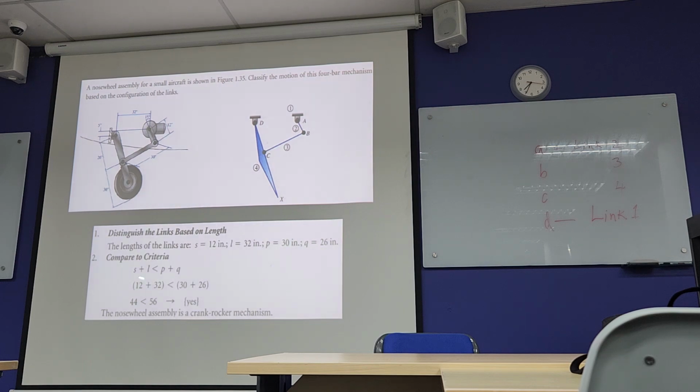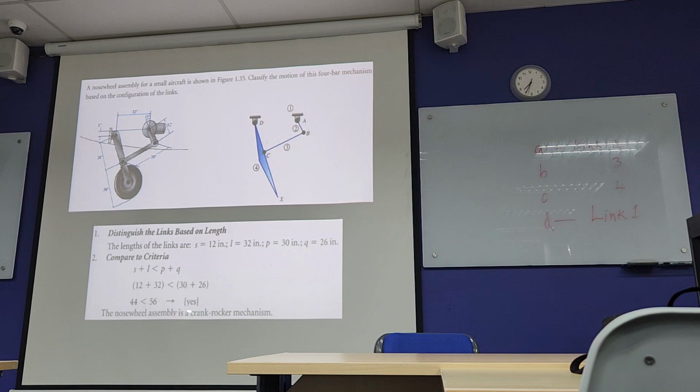Now if you apply the Grashof condition, the smallest plus the largest, 12 plus 32, should be less than 30 plus the in-between, 26. So this condition is valid.